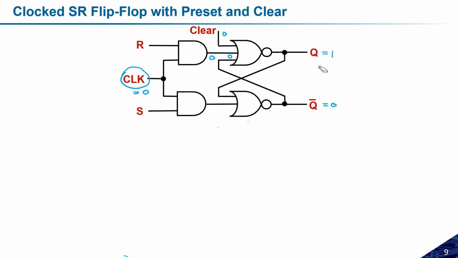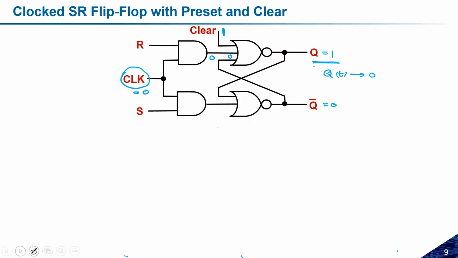But if I want to make the output of this flip-flop 0, in that case I need to activate at logic 1. So if I want to make this QT logic 0, I need to activate this clear input, so that the output will become 0. Okay, so this is how we can clear these things.